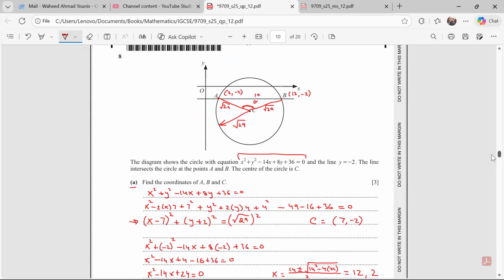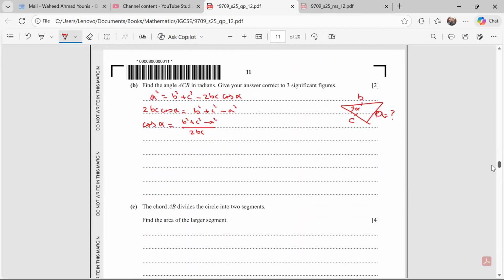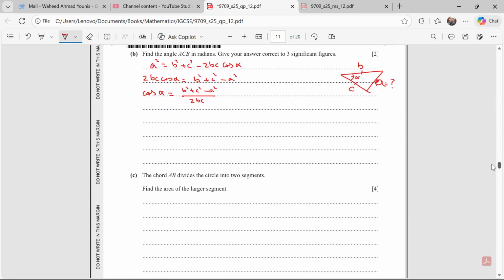I hope you understand what I'm doing. So basically to solve this problem, we have a triangle here. This side is 10, these are square root of 29 and square root of 29, and this angle is alpha.